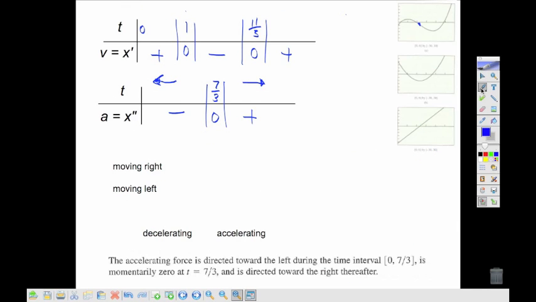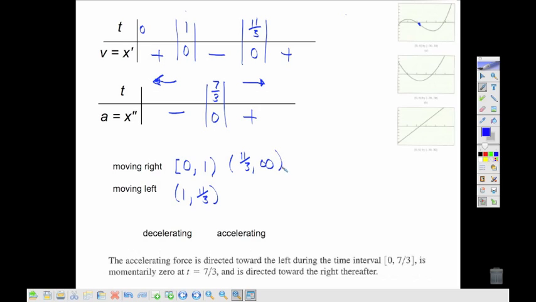So looking at our information, we can say that we're moving right between 0 and 1, moving left from 1 to 11 over 3, and then moving right again from 11 over 3 to infinity.